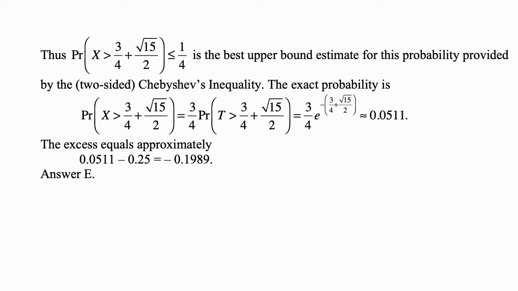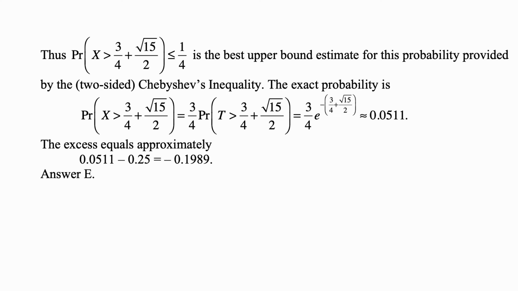The exact probability, well, we can find it because to be more than 3/4 plus square root of 15 over 2, the random variable has to be in its portion that is exponential, which happens with probability 3/4. Because if it's degenerate at 0, it's less than this number 3/4 plus square root of 15 over 2. So this is 3/4 times the probability that t is more than 3/4 plus square root of 15 over 2.